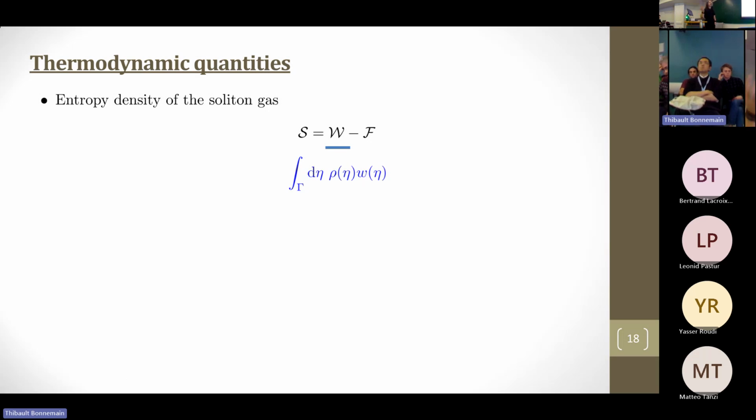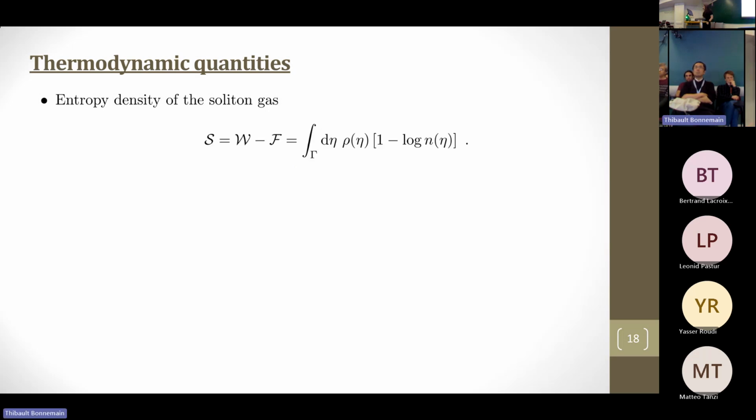But here, in an integrable system, I need to take into account all of my conservation laws and their Lagrange parameters, and I do so by taking the density of the Gibbs weight, the small w, integrated over the density of states. Using the previous expression I derived for the free energy density, I obtain a rather simple expression for the entropy as well.